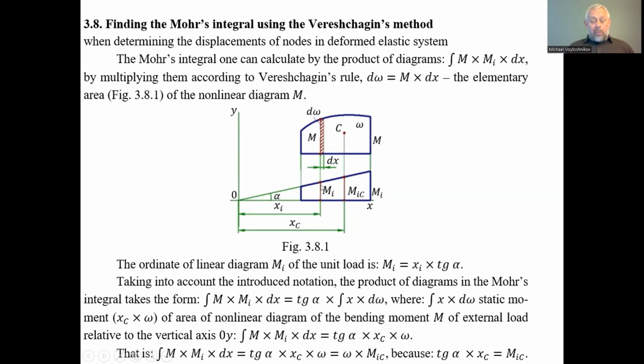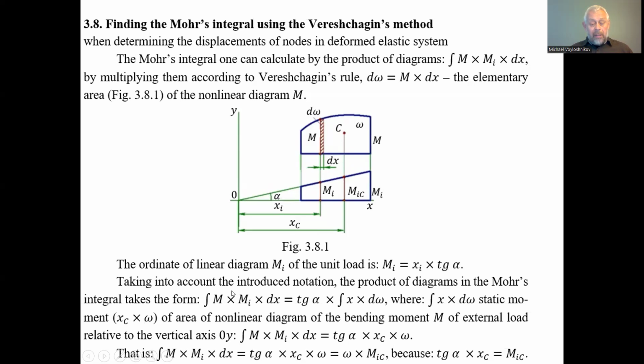For this definite assigned diagram of bending moment under the action of unit force, the bending moment corresponding to the abscissa is equal to the product of the abscissa of the definite point by the tangent of the angle of inclination alpha.